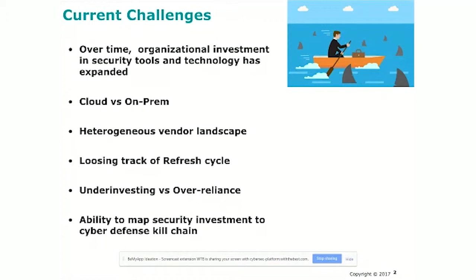What's my investment at the endpoint level versus the platform layer versus the app layer versus the user layer? Relying on some specific technology stack might not manage the end-to-end threats we see today, which are really targeted at the user and go all the way down the stack.